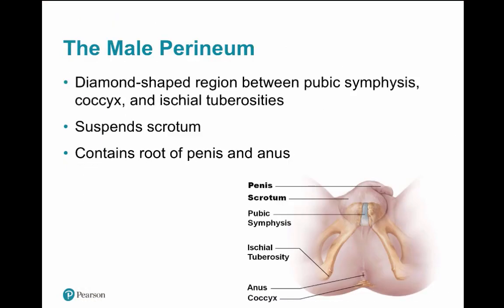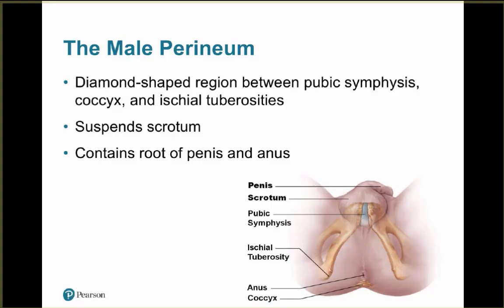So now let's look at the external part to get an idea of the male perineum. This is the diamond-shaped region between the pubic symphysis, that's right here, the coccyx, which is back here, and the ischial tuberosities, which are here.